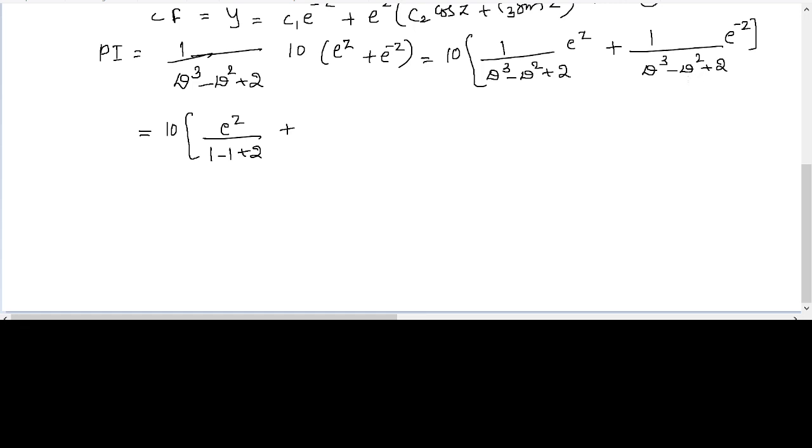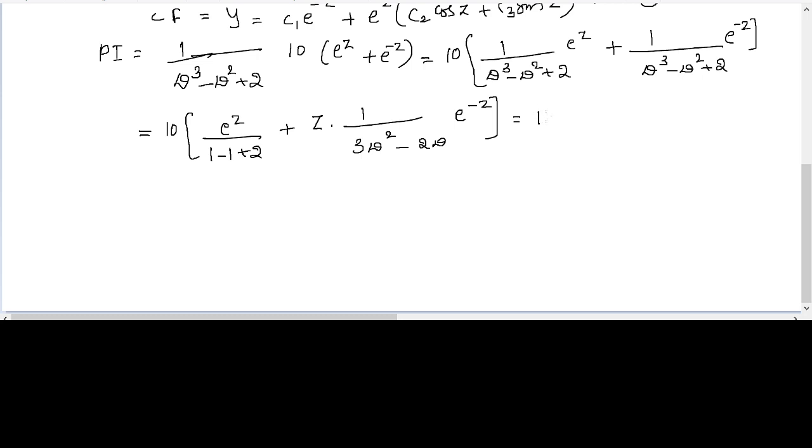To overcome that we need to multiply by the independent variable z, into 1 upon 3D square minus 2D, differentiating the denominator with respect to D, of e to the power of minus z.